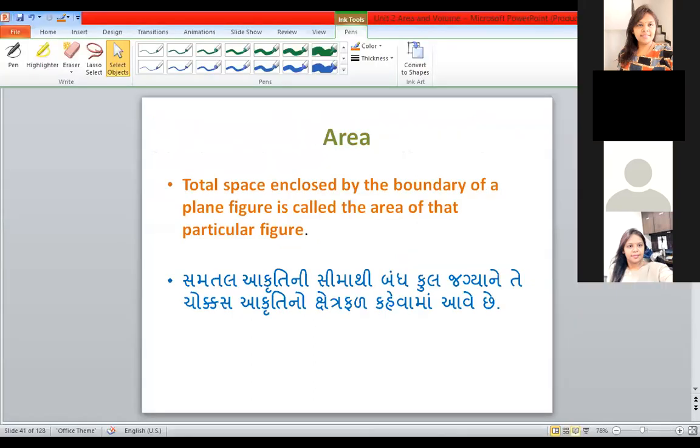Look here, what is the difference between the area and the perimeter? This is the triangle, because we discuss the triangle. Perimeter means the sum of the boundaries. If you move along the boundaries, you get the perimeter.